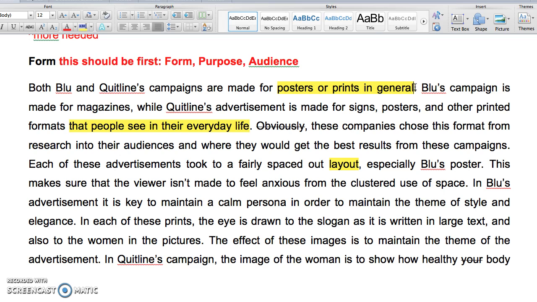Not on busy highways, because there's too much information there to take on board. So you need to show that you understand that. And it would have appeared in magazines. So this is the kind of thing that you need to be showing your understanding of in this section, Eve. So you need to go and do a little bit of tidying up there.